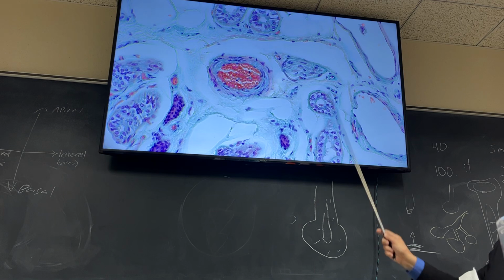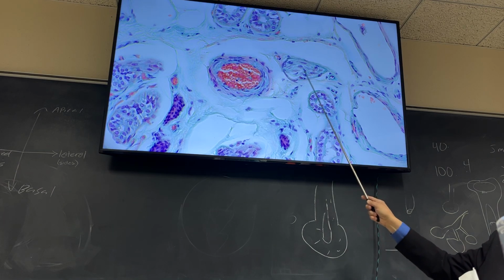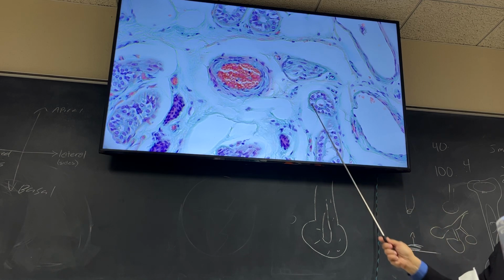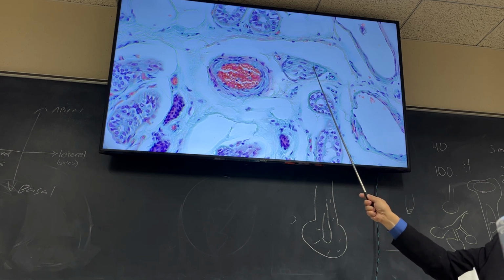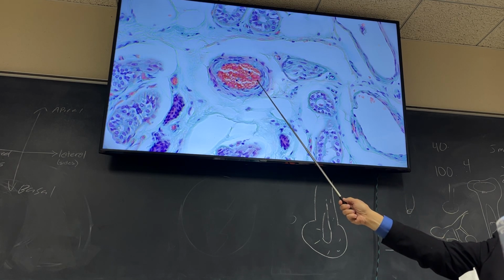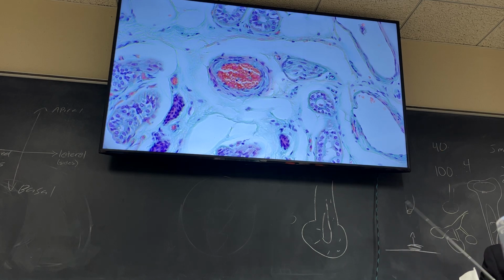So here's a sweat gland, there's the nerve, right? Easier to see, right? This is actually really nice. I got a sweat gland, you got a nerve plexus, and you got a blood vessel. You can probably tell me what kind of blood vessel that is, right? Artery. Why? Simple answer is round, right?